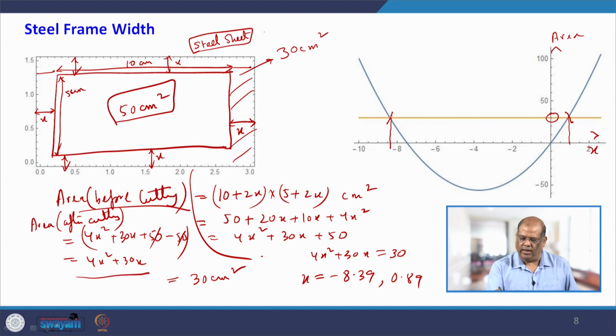So, you can see that this value is approximately minus 8.39 and this is 0.89. And since these are dimensions, it cannot be negative. So, you take your x to be 0.89 and your goal is achieved. So, that is how in this particular case, though there is a global minimum, we need these particular values to solve the problem. So, this is again another example of this quadratic modeling.